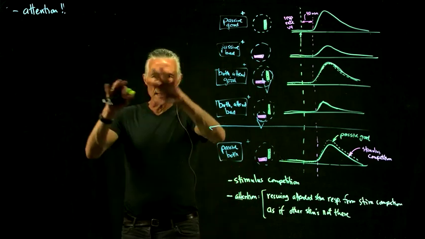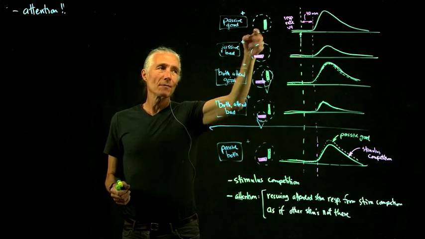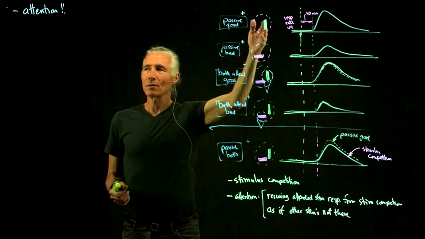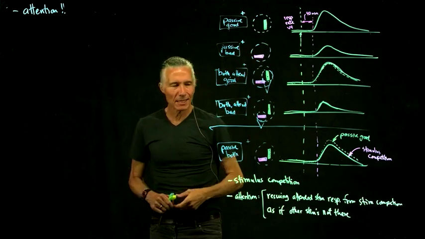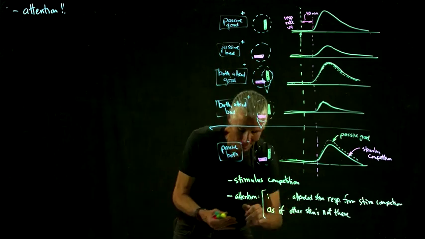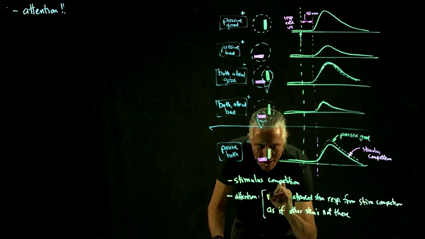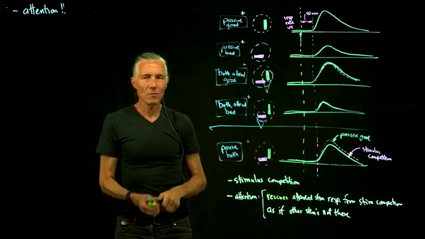You look out at a cluttered world, a bunch of junk there. You've got neurons that are sensitive to different aspects of that, say vertical green versus horizontal red. And what does attention do? Attention essentially rescues. So what does attention do?